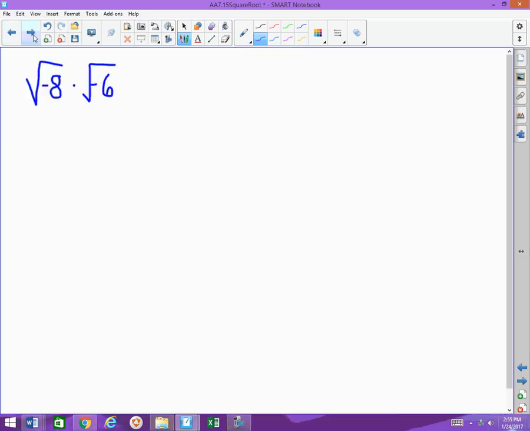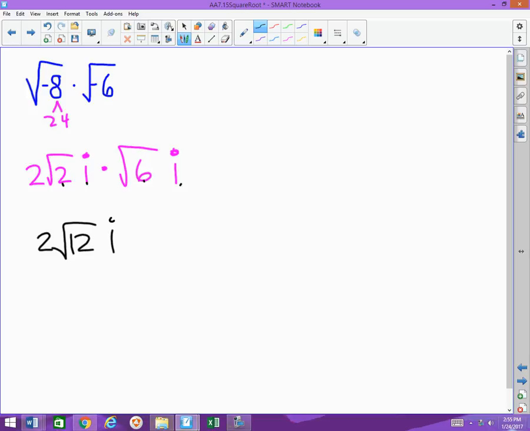Now with something like this, you have to simplify before you multiply. So this is 2 and 4. So 2 square root of 2i. And then that would be times the square root of 6i. And then this times this is 12. And then i times i is i squared.